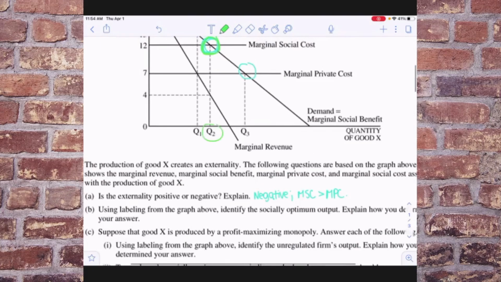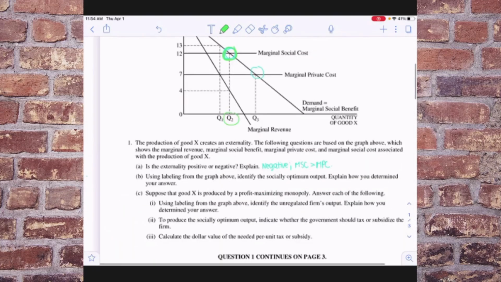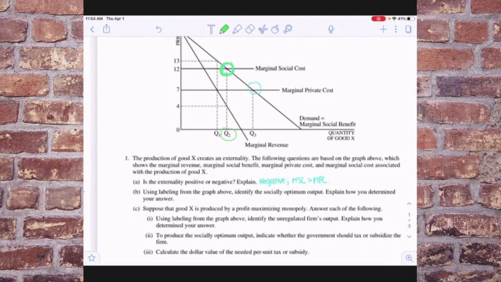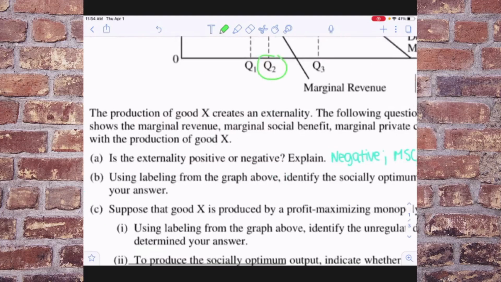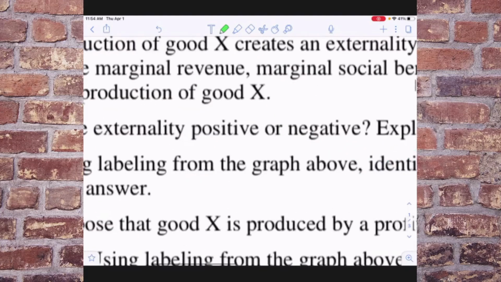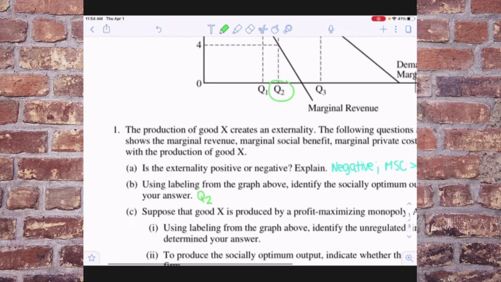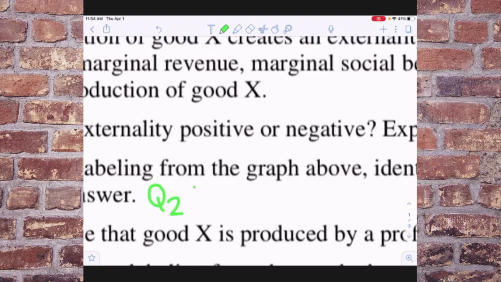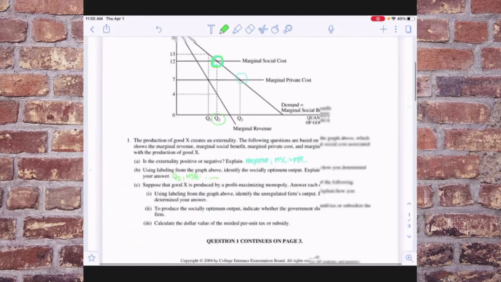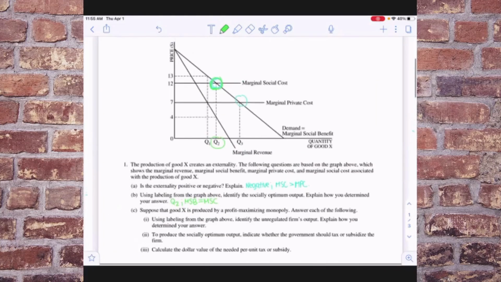Socially optimal point is Q2 because it's where MSC is equal to MSB. So for part B, after the word answer, I would write Q2 and I'd write marginal social benefit, MSB is equal to MSC. All right, that's part B.